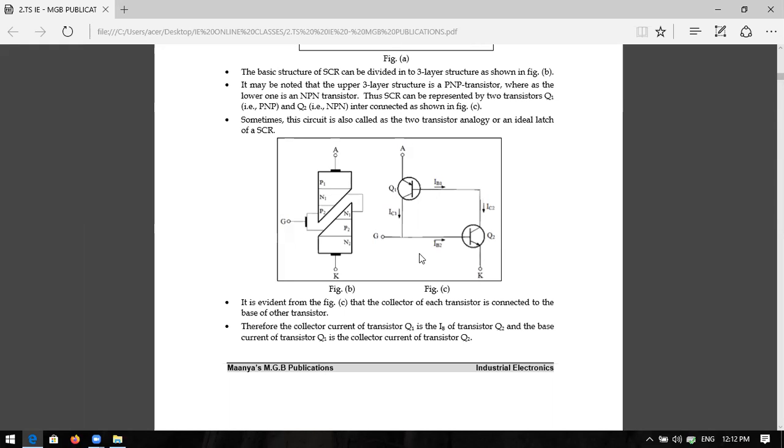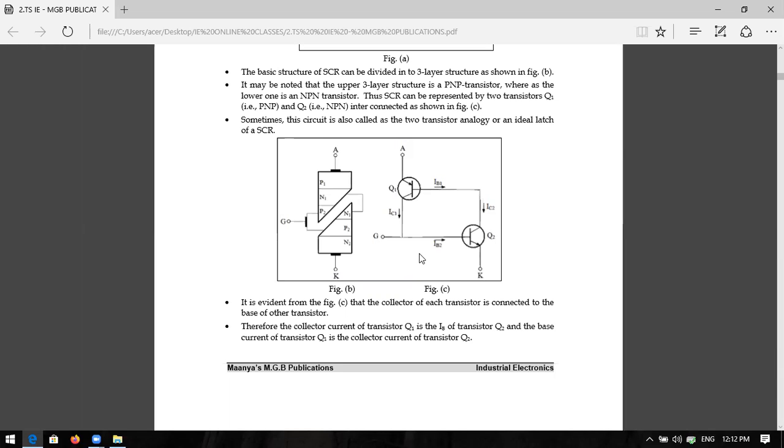That means the current flows from anode to cathode in the forward conduction mode. When both are on, you can call it forward conduction mode. In the forward conduction mode, the current will flow from anode to cathode.